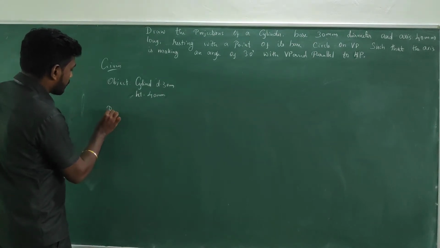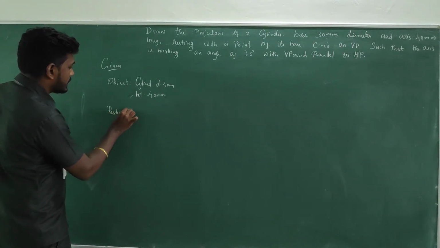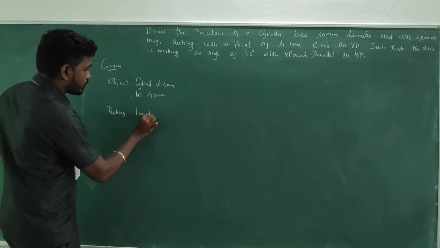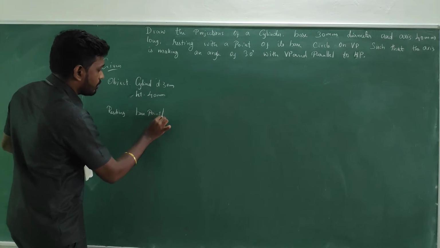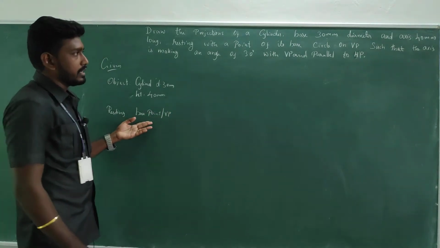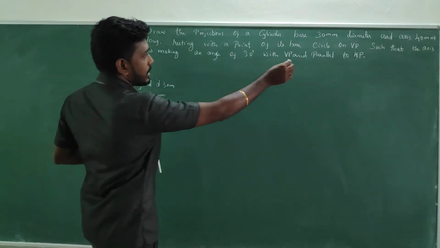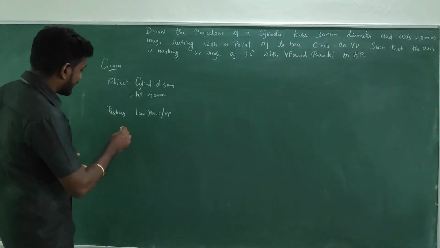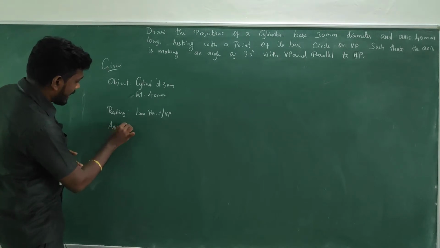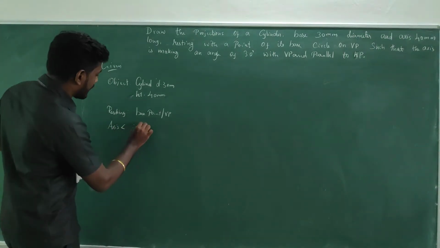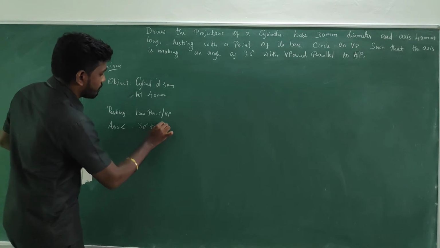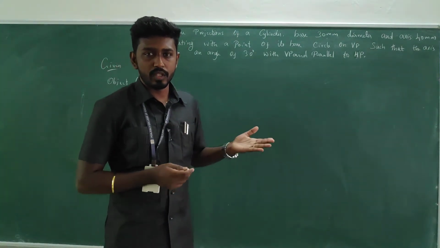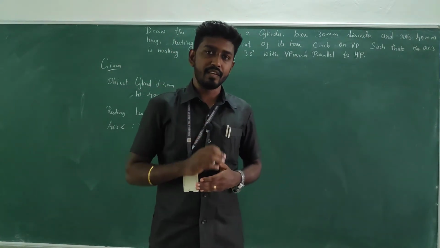The object is resting with a base point on VP. What about the axis? Such that the axis is making an angle of 30 degrees. So axis inclination is given as 30 degrees to VP, and parallel to HP. For this we are going to draw the projections of the final front view and final top view.